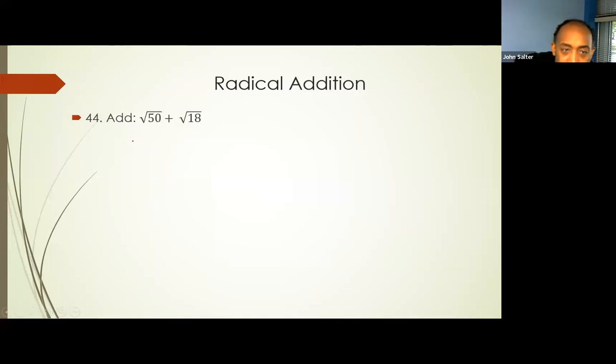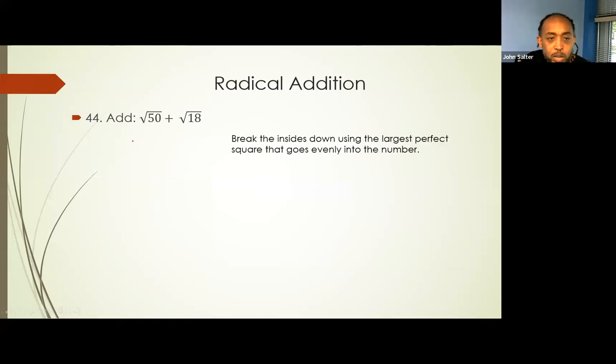All right, I want to add these. Same thing. I want to see, can I essentially factor these up so I can get something similar going on? What do I got? Well, 50 is 25 times 2. And 18 is 9 times 2. If I split that up a little further, I see that I get square root of 25, square root of 2, square root of 9, square root of 2.